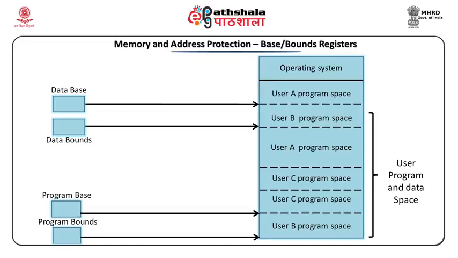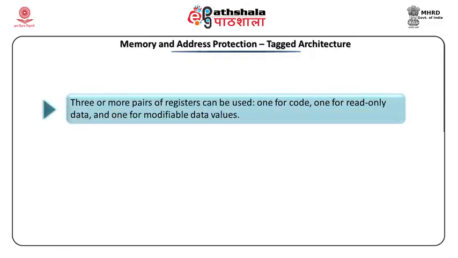So, we have divided not only each user's area, but also the program area and the data area. These two features seem to call for the use of three or more pairs of registers: one for code, one for read-only data, and one for modifiable data.